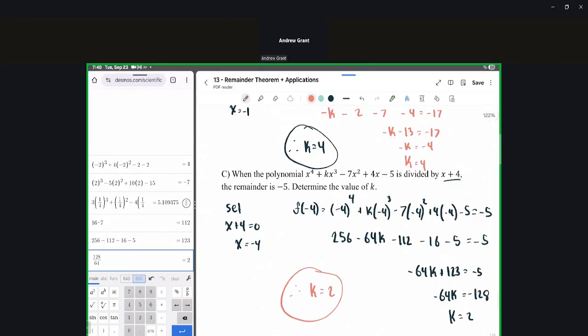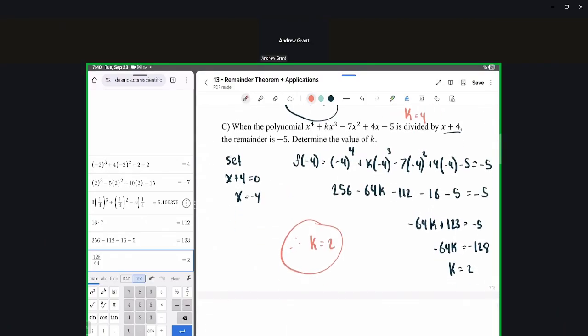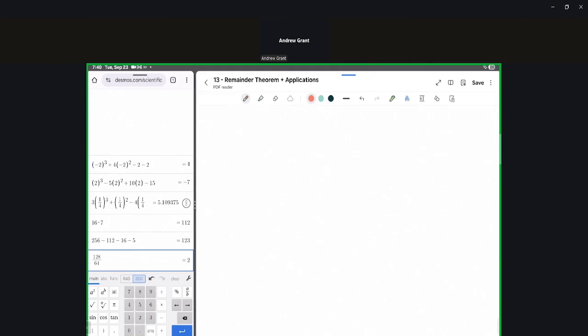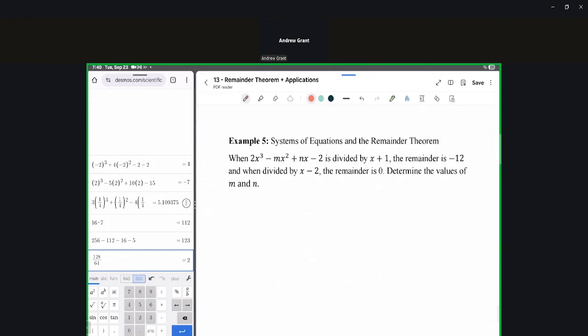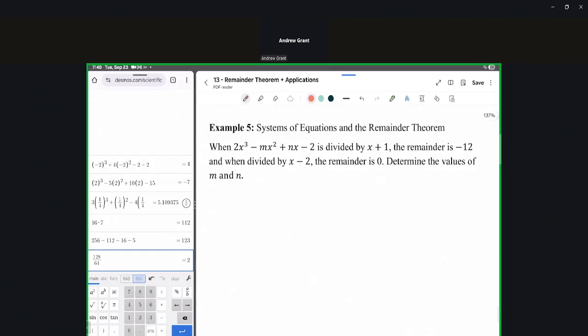material. Okay. Last question. It gets a whole page because I anticipate doing another example. And so we're having a look at a system of equations and the remainder theorem.